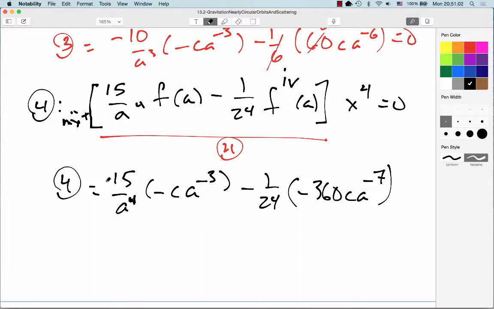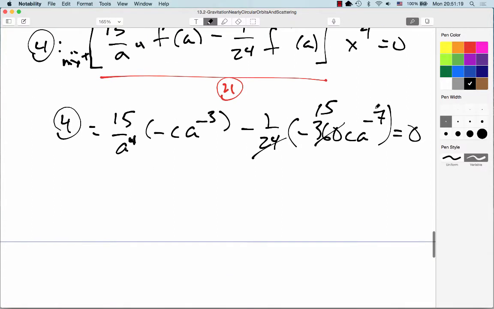Matching c's, got a 15 here. And oh hey, when you cancel the 24 into the 360, guess what you get? 15. So it turns out that's 0 as well. So it means we have to go to still yet another higher order derivative.